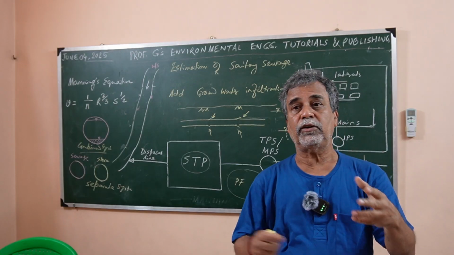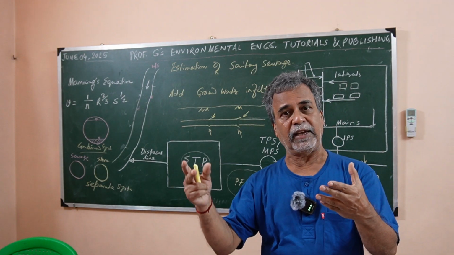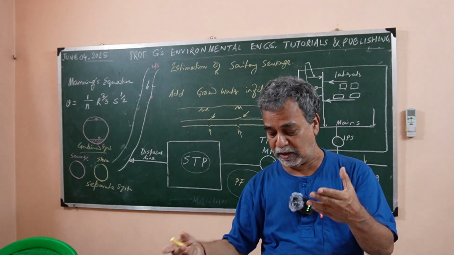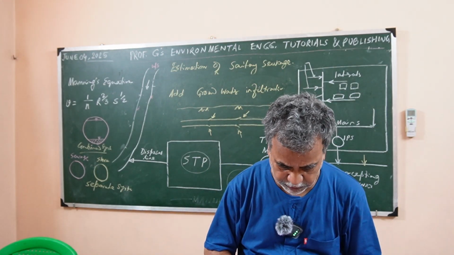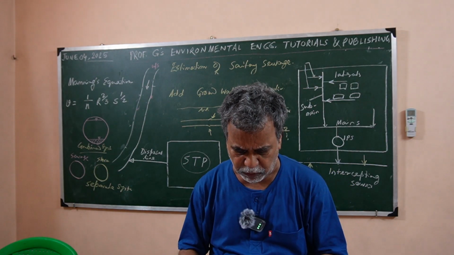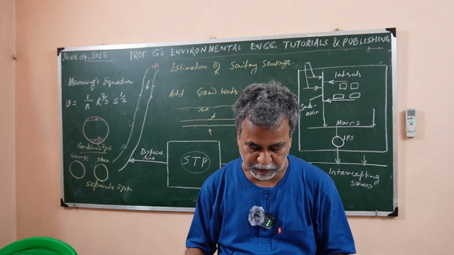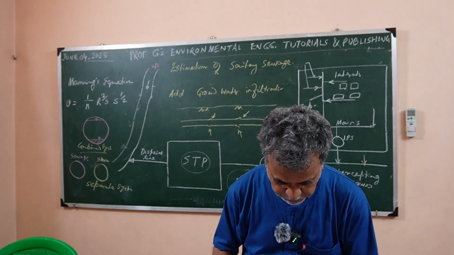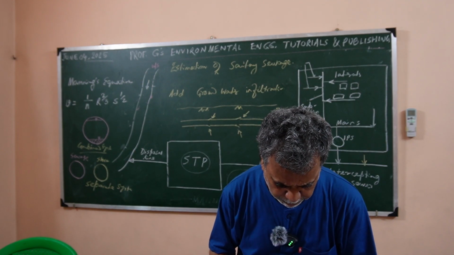Because when the population is say 50,000, the peak factor is say 3. In the CPHO manual you will see that up to 20,000 the peak factor is 3, and above 7 lakh it is 2 or so.